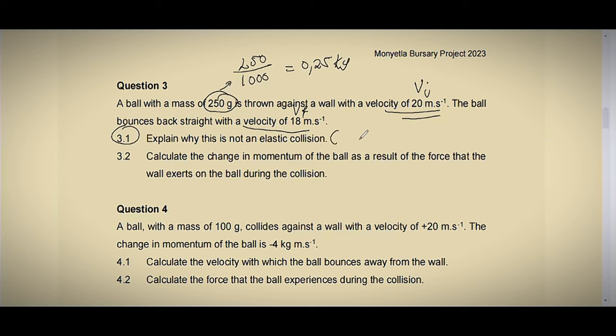Now remember, with an elastic collision, we say there is no loss of kinetic energy, right? So no loss of kinetic energy. But when we are looking at our VI and VF, we can see that when the ball bounced back, it no longer bounced back with the same velocity with which it hit the wall, right? So this means that there was a loss of kinetic energy because remember, EK is equal to half mv squared, right?